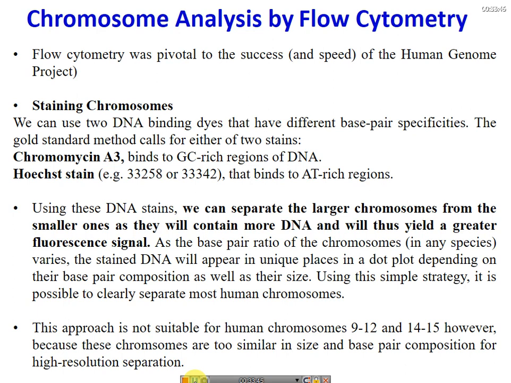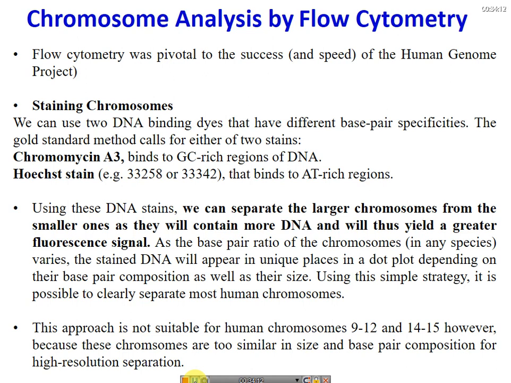What we need to do is to stain the chromosomes with different stains like chromomycin and Hoechst stains, and by using this we can separate the larger chromosomes from the smaller ones, because the larger one will contain more DNA and they will yield greater fluorescence signals. So depending on that, we can sort the larger chromosomes from the smaller chromosomes.